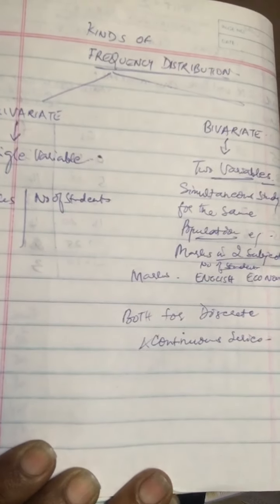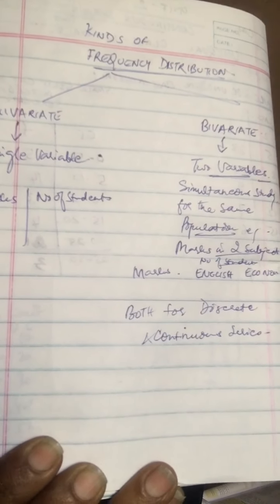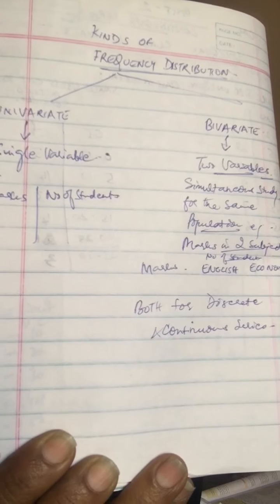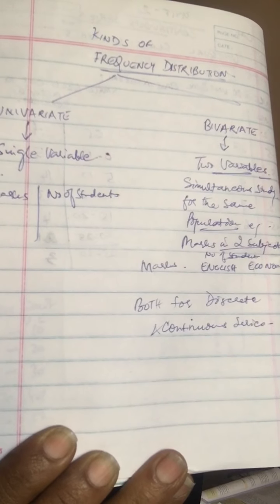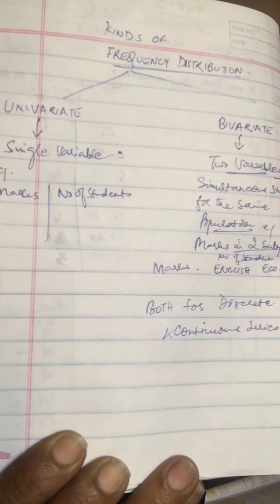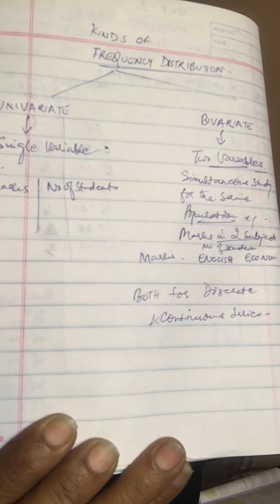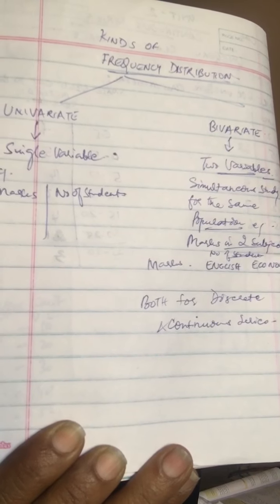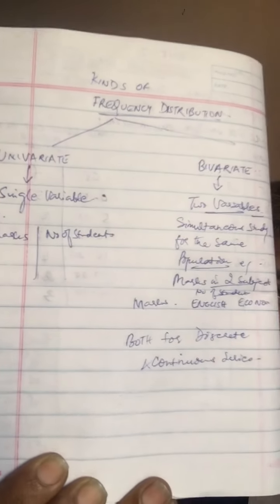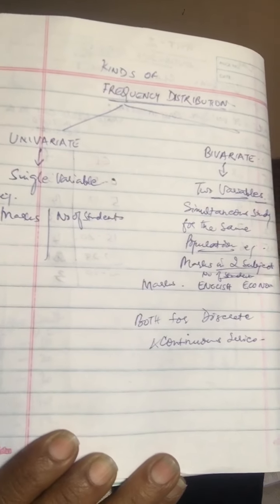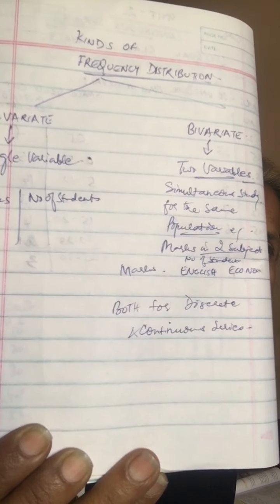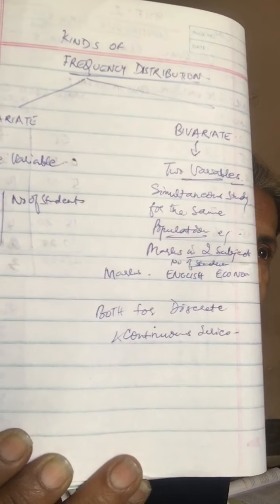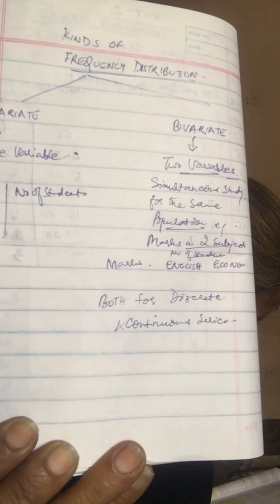For example, if we are wanting to classify data relating to marks in two subjects, say marks in English and marks in, say, economics, the data so classified on the basis of the two variables gives rise to what is called a bivariate frequency distribution. And this happens both in frequency array and frequency distribution, which means in the discrete series as well as the continuous series.